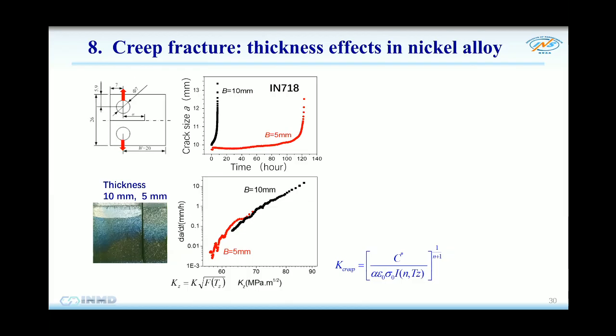And this is a very simple CT specimen, and this is a 10 millimeter thickness. This is a 5 millimeter thickness. Exactly the same loading, the same temperature, the same material. They have a creep fracture life differing by about 1 order of magnitude.